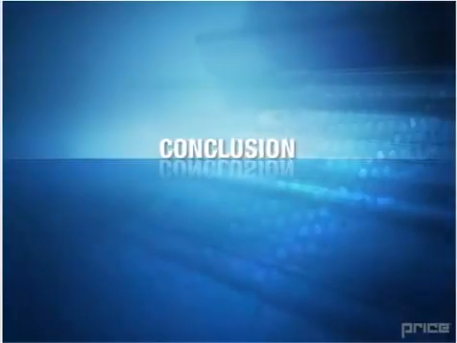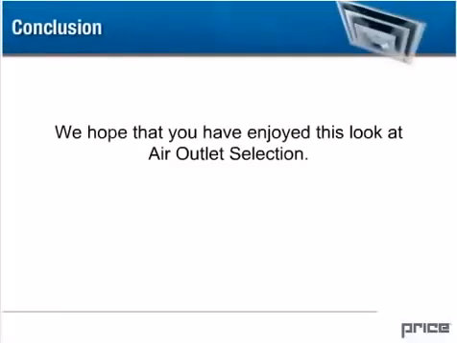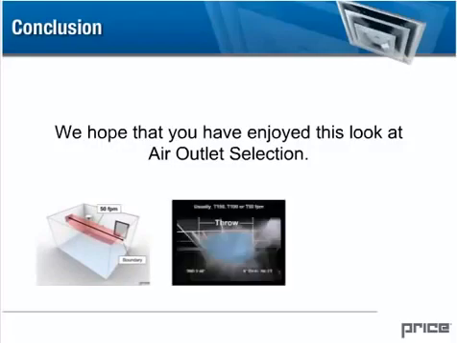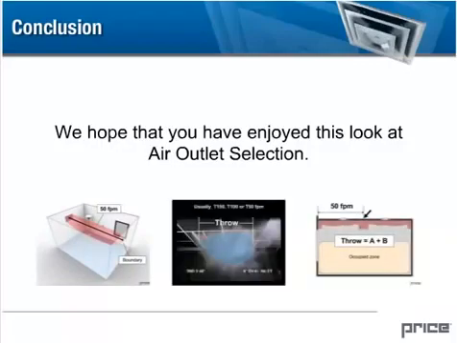Conclusion. We hope that you've enjoyed this look at air outlet selection. We've explored many aspects of air outlet selection criteria, from design factors to performance factors to selection procedures.